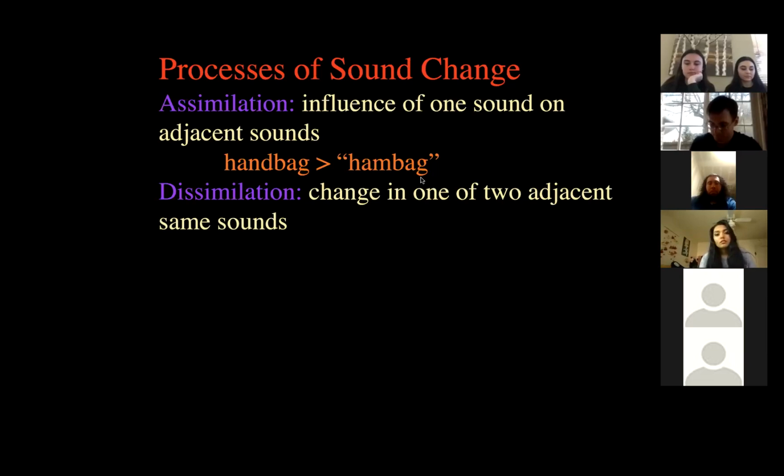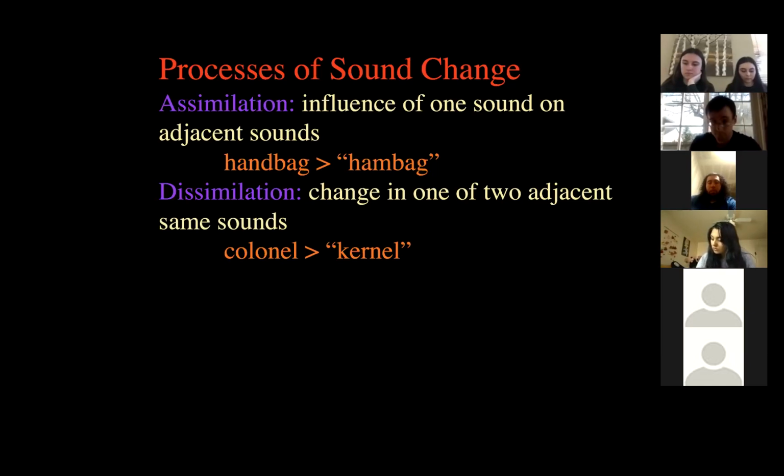So dissimilation is a change in one of two adjacent same sounds, and that would be something like this. We used to actually say the L in colonel, but of course we do not say the L. We convert the L into its sister liquid R, and we say kernel, which is more like kernel of corn.